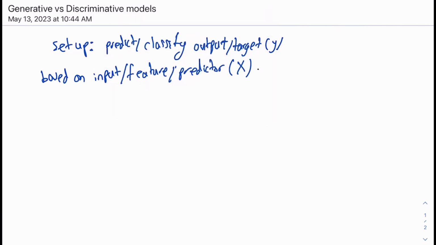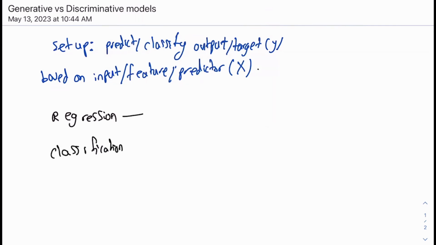This is most of the problem in machine learning. That's where we're talking about the classes of regression and classification.